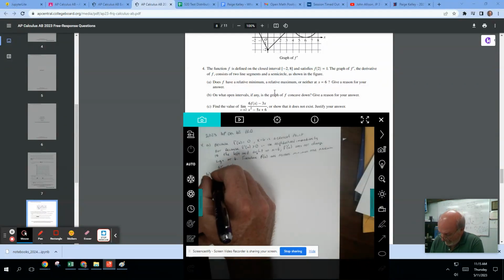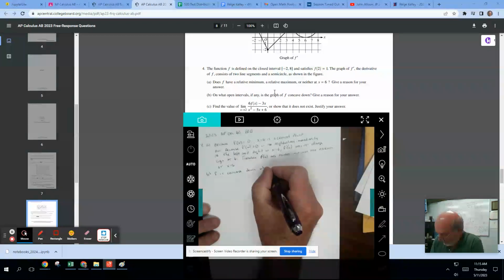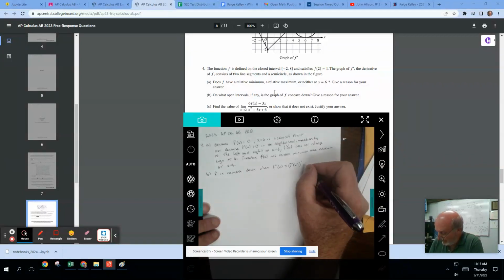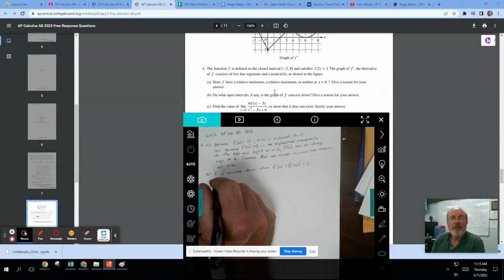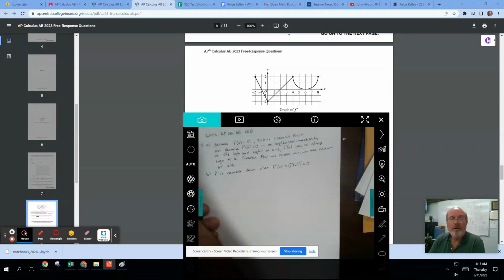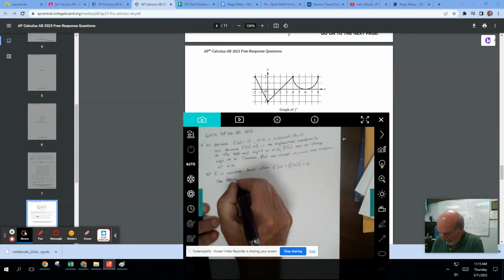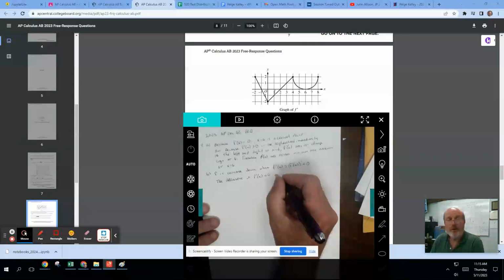So f is concave down when f double prime of x, which equals f prime of x prime, the derivative of f prime of x, is less than 0.